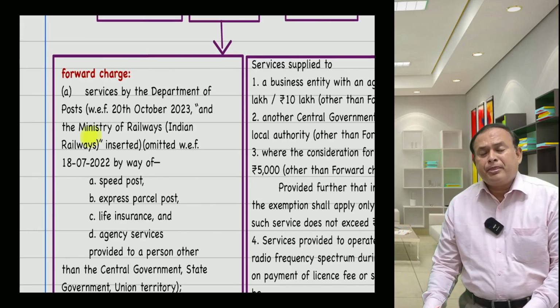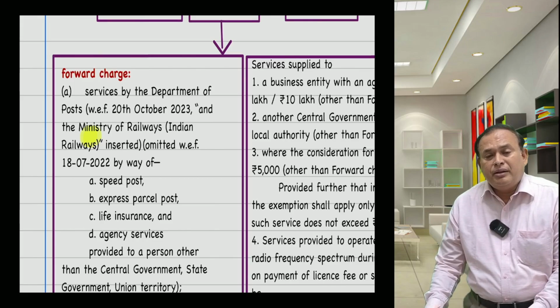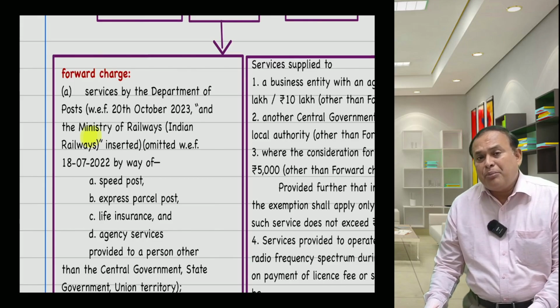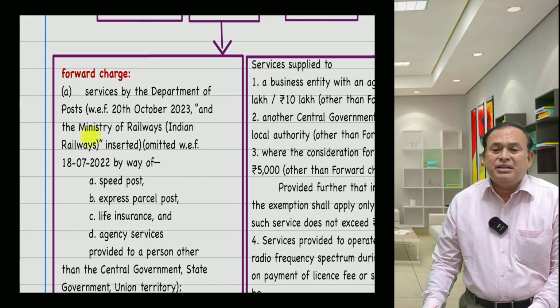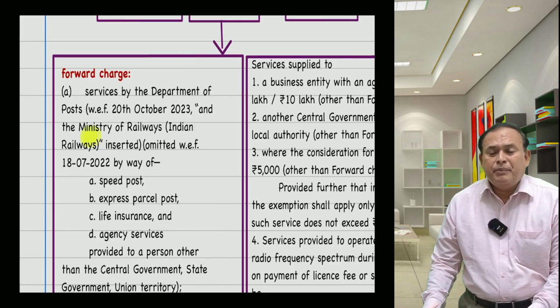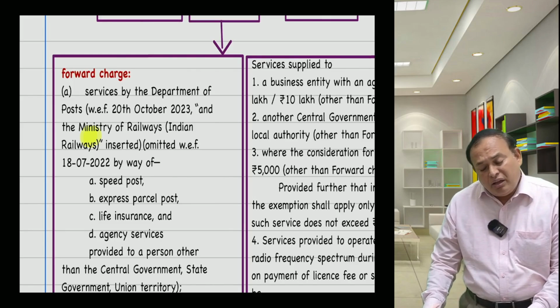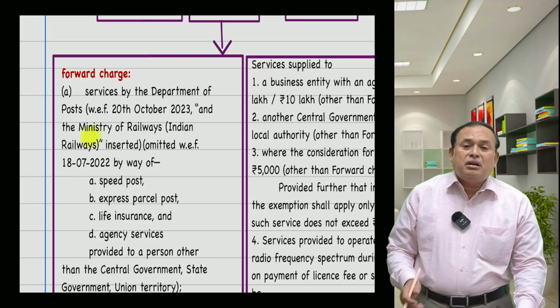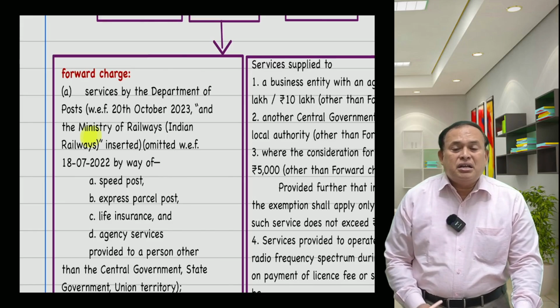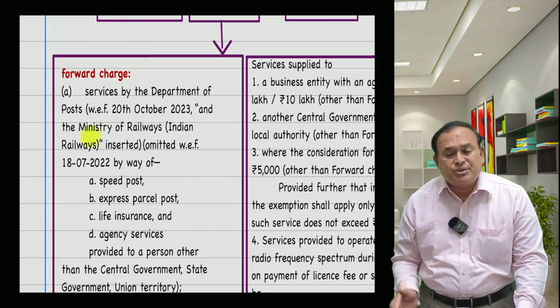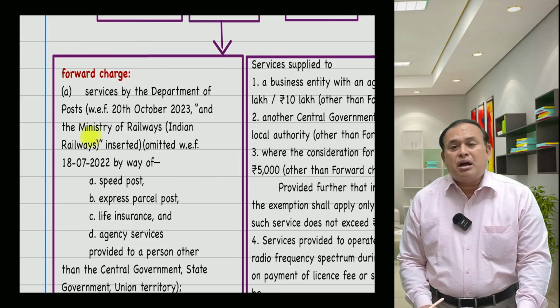Further, if Indian Railways supplies milk, exempted. Milk, salt, food grains. Food grains include rice, other cereals, meaning food items, gram, dal and all.